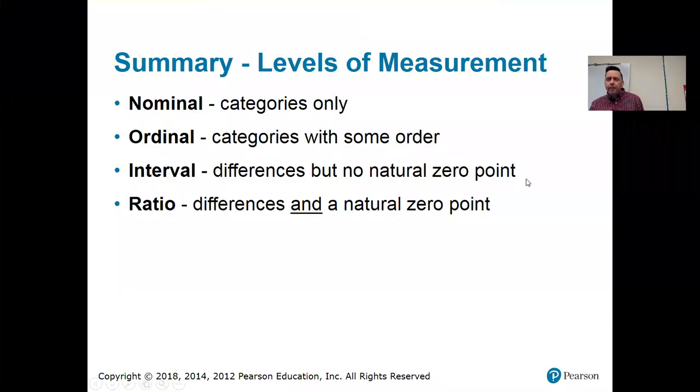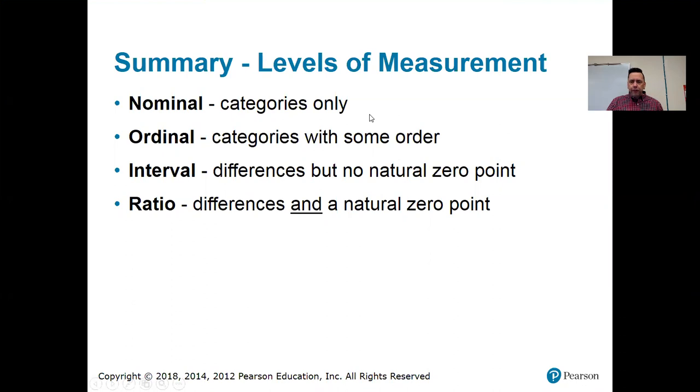All right, so to summarize the levels of measurement, the lowest level is nominal. That's where you just have categories. There's not even any meaningful way to put them in order. Then you have ordinal, which is categories with some order. You just can't do any math like subtraction.